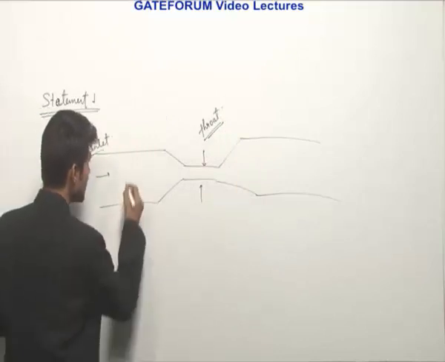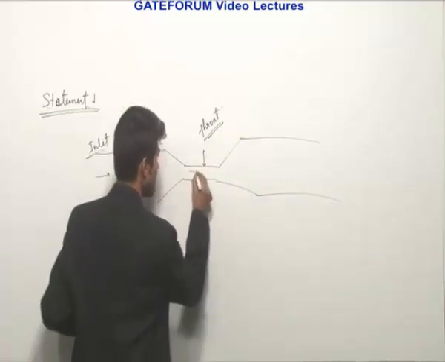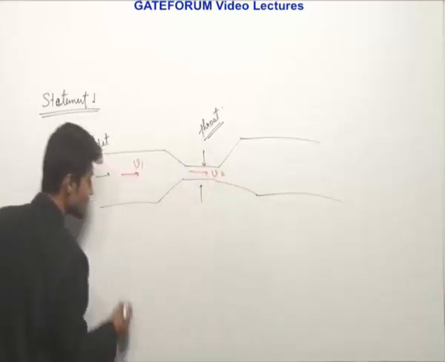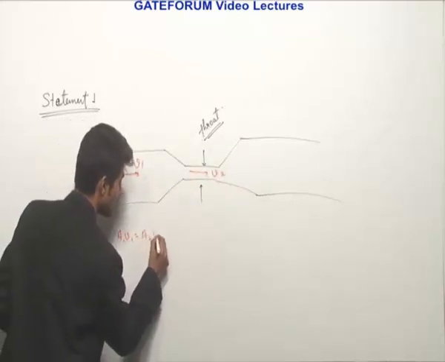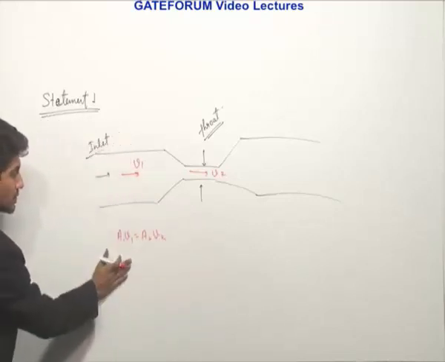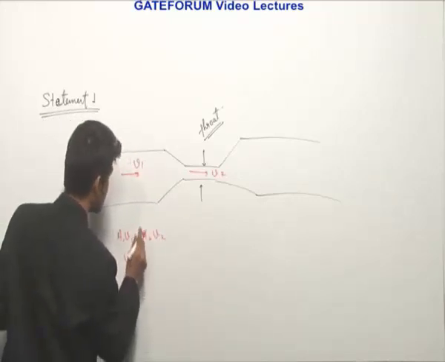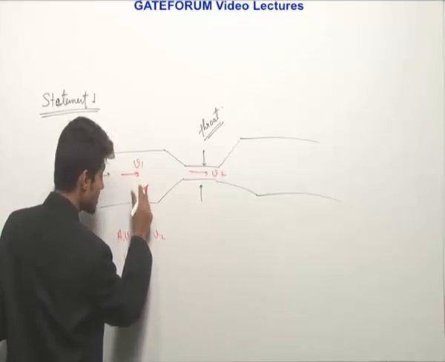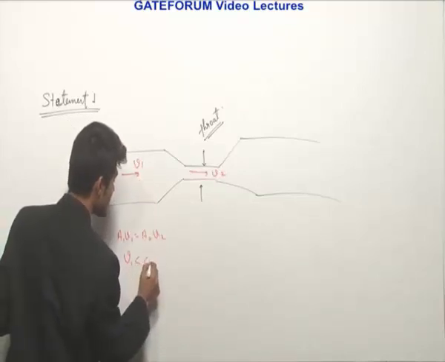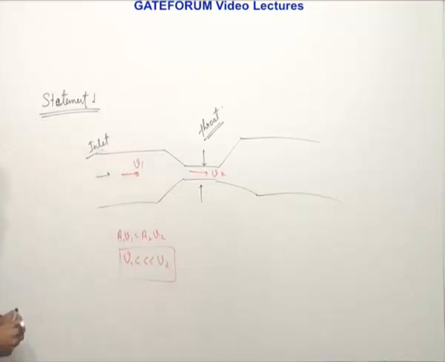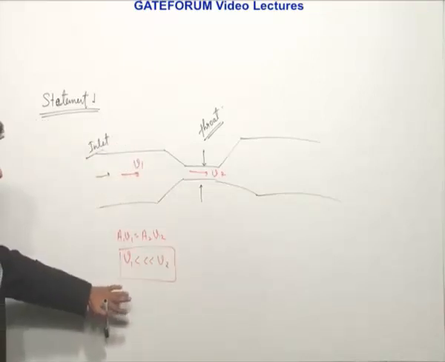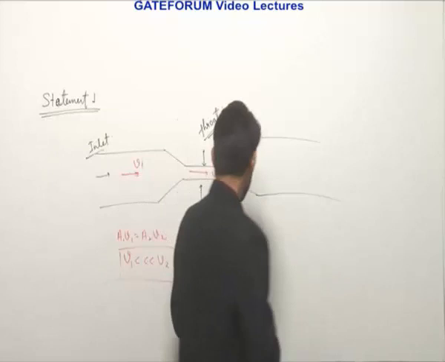Here if velocity is v1 and here if velocity is v2, as we know, a1 into v1 will be equal to a2 into v2. Due to this velocity, we can see that area 1 is larger, so velocity 1 is less than velocity 2. This is what a venturimeter works for.